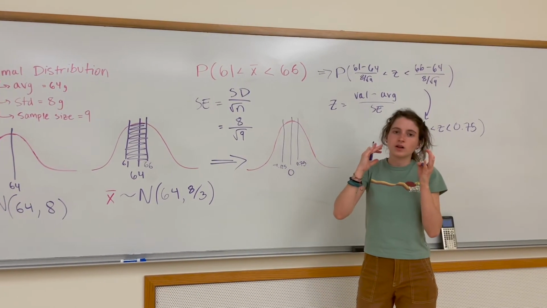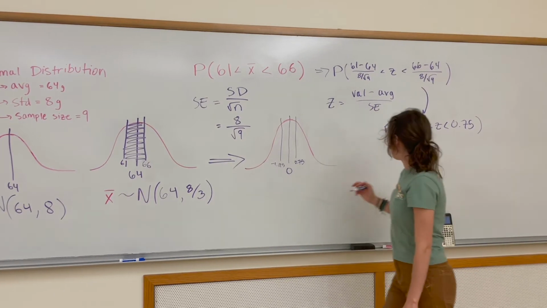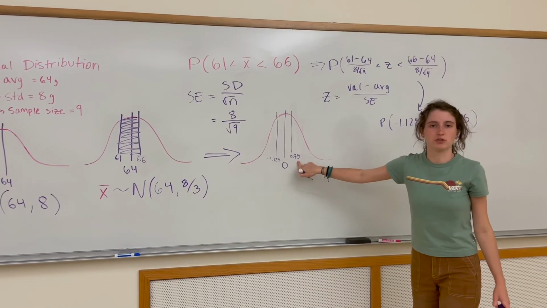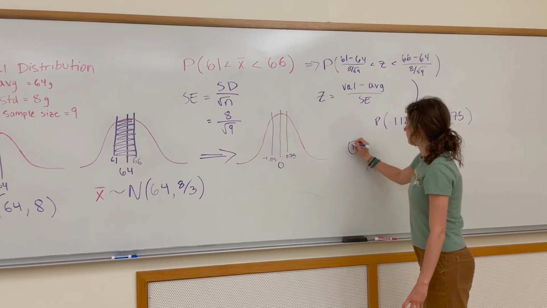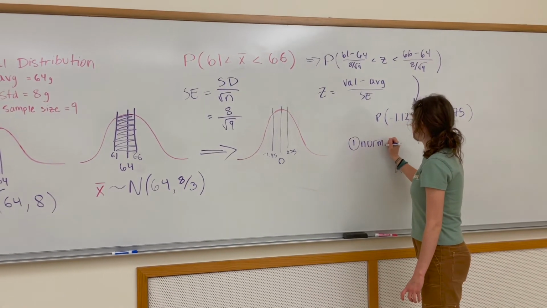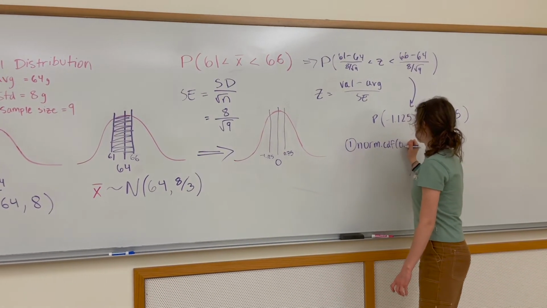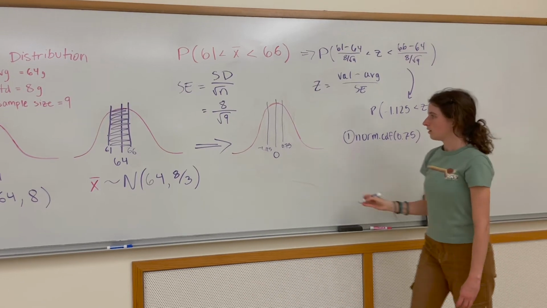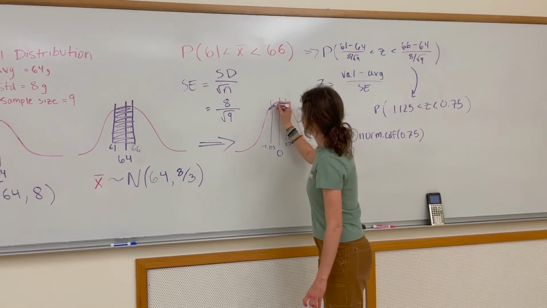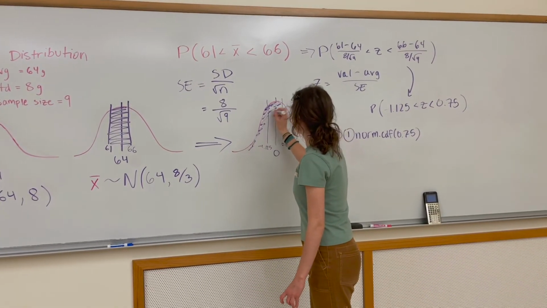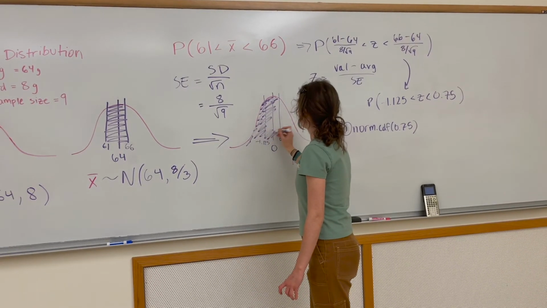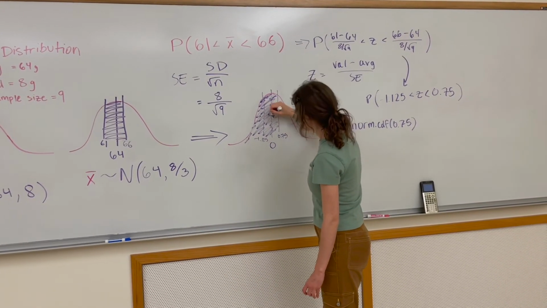So let's start out by showing what norm.cdf of 0.75 is. That's all this area here, all the way down to negative infinity. Oh, my marker's kind of dying.